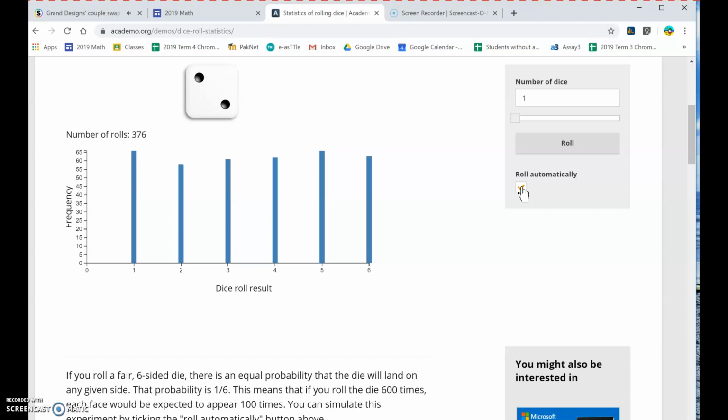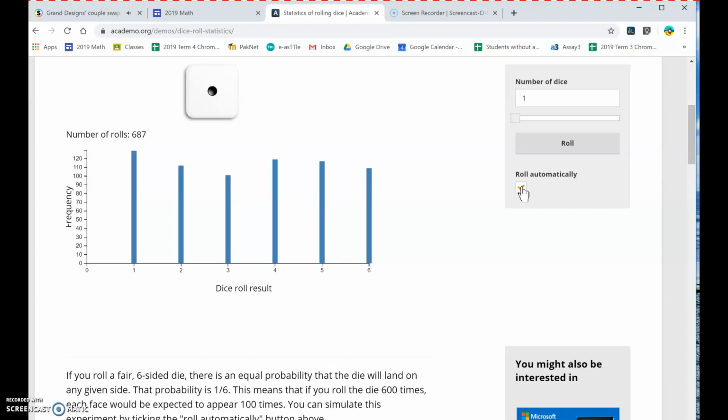So the key idea is our simulation, which has given us a distribution of the rolling, is getting closer and closer to the shape of the theoretical probability. The theoretical probability is that each of these numbers on the dice would have the probability of 1/6. So the theoretical distribution is a perfect rectangle.